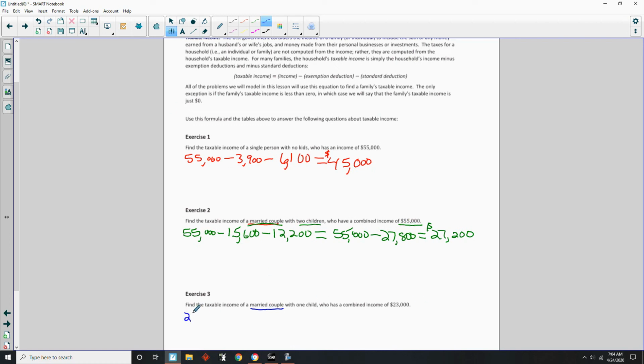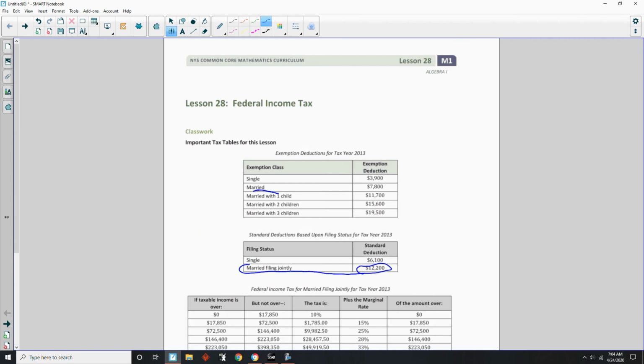So we have $23,000 minus, and 1 child. So married with 1 child is 11,700. So we're going to subtract 11,700 and 12,200 from 23,000. So 11,700 and 12,200.